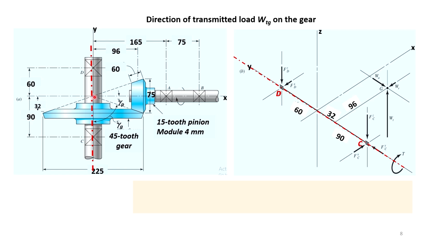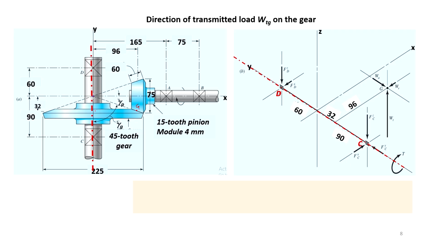From the origin, at a distance of 32, we will move in the direction of x a distance equal to 96, and we get the G point, where the transmitted force, axial force and radial force will act.